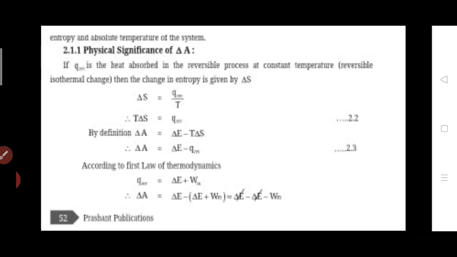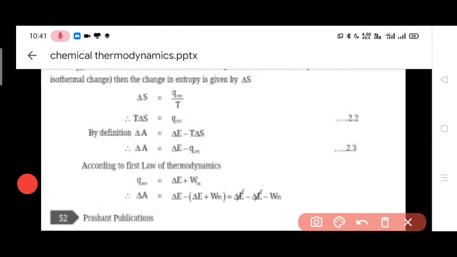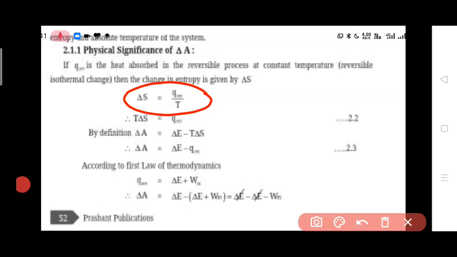Now we have already discussed the physical significance of change in Helmholtz free energy. We know that change in entropy can be written as Q reversible upon T. This Q reversible is a small amount of heat energy required in a reversible process. When we rearrange this equation, T goes to the multiplication of delta S, and you get T delta S = Q reversible.